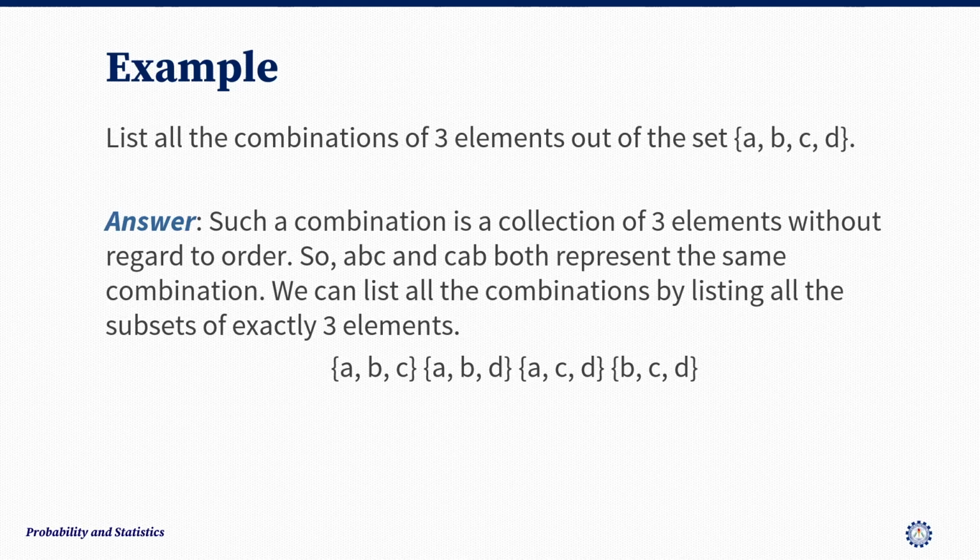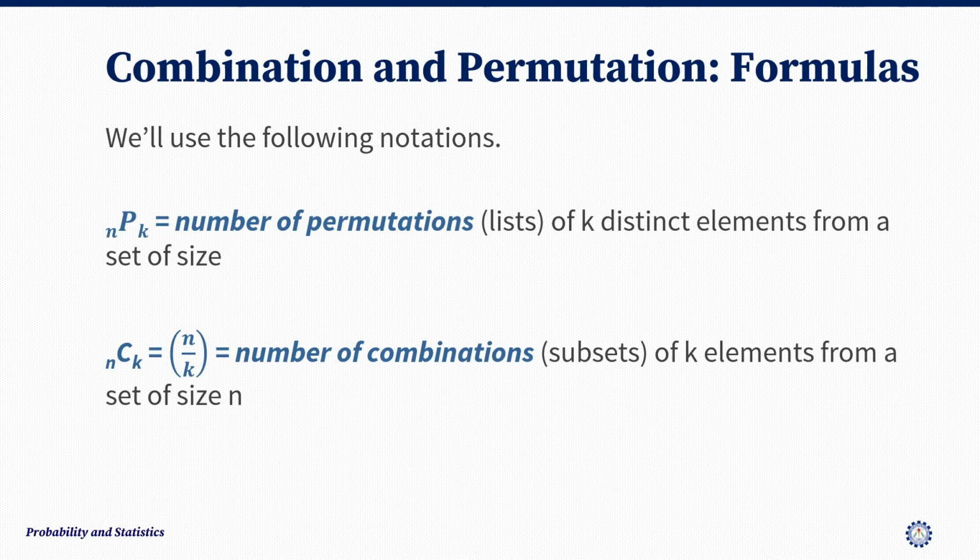We can list all the combinations by listing all the subsets of exactly 3 elements. So the answer would be ABC, ABD, ACD, and BCD. There are only 4 combinations, in contrast with 24 permutations in the previous example. The factor of 6 comes because every combination of 3 things can be written in 6 different orders.